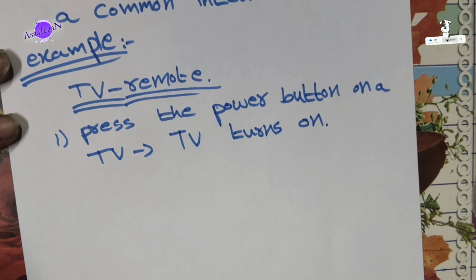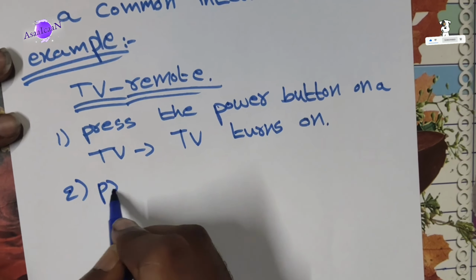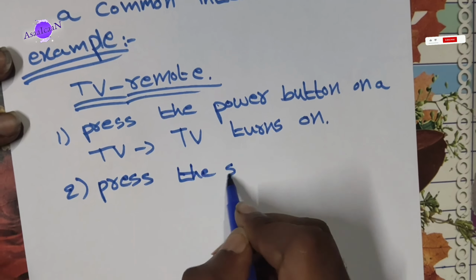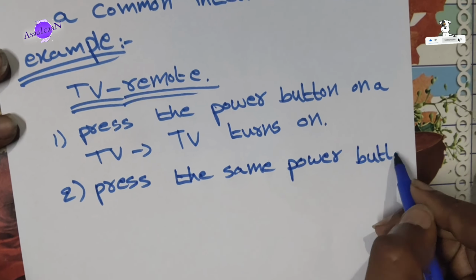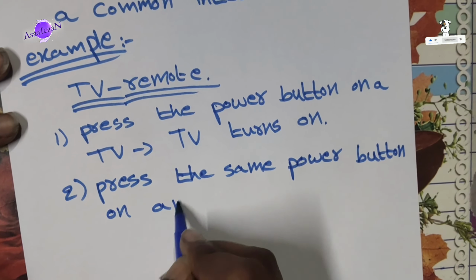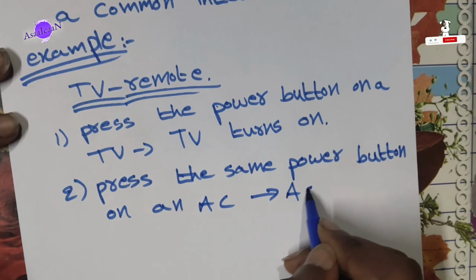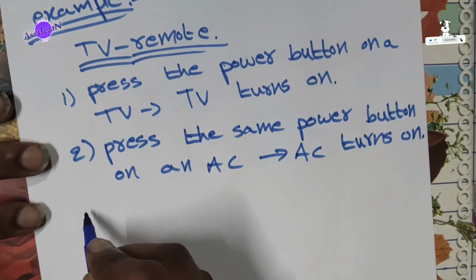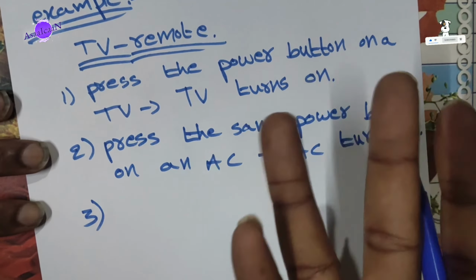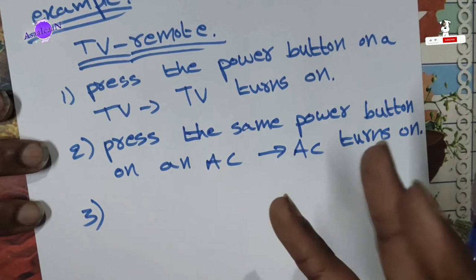Press the same power button on an AC, and the AC turns on. Now here the button is the same, but it performs different actions depending on the device.